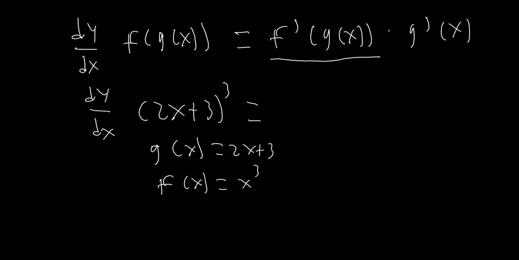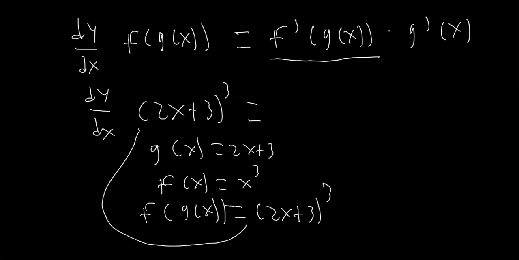Now, we can check that we've identified the outside function f of x and the inside function g of x by substituting g of x for x. When we do this, we get 2x plus 3 raised to the third power, which is exactly the function we are trying to differentiate. So our outside and inside functions are correct.